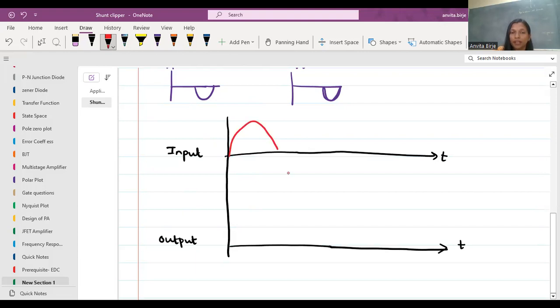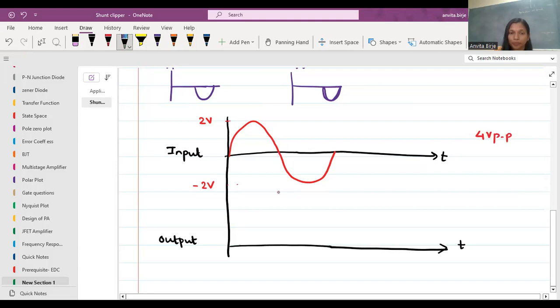Positive half cycle, negative half cycle. I'm considering the amplitude of 2 volts positive and minus 2 volts, so it is a 4 volt peak to peak signal I'm giving as input. So what will I get at the output? I'm just taking the reference.